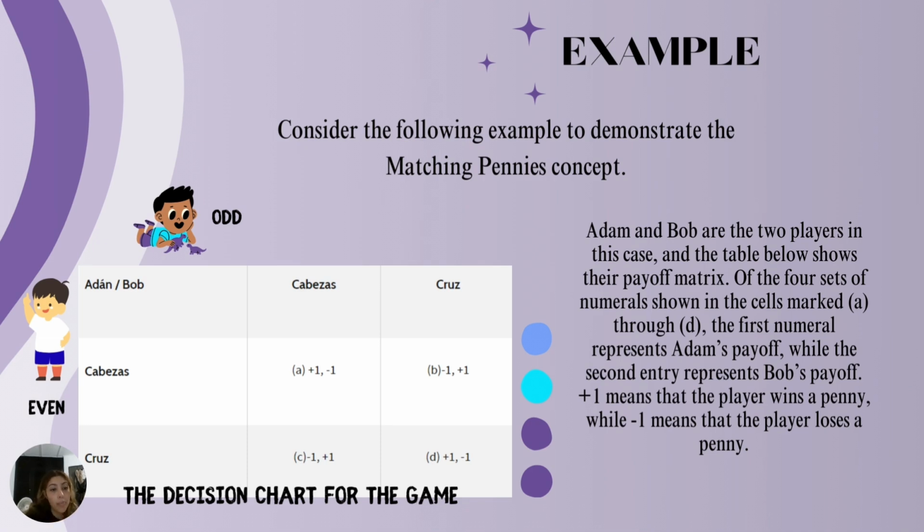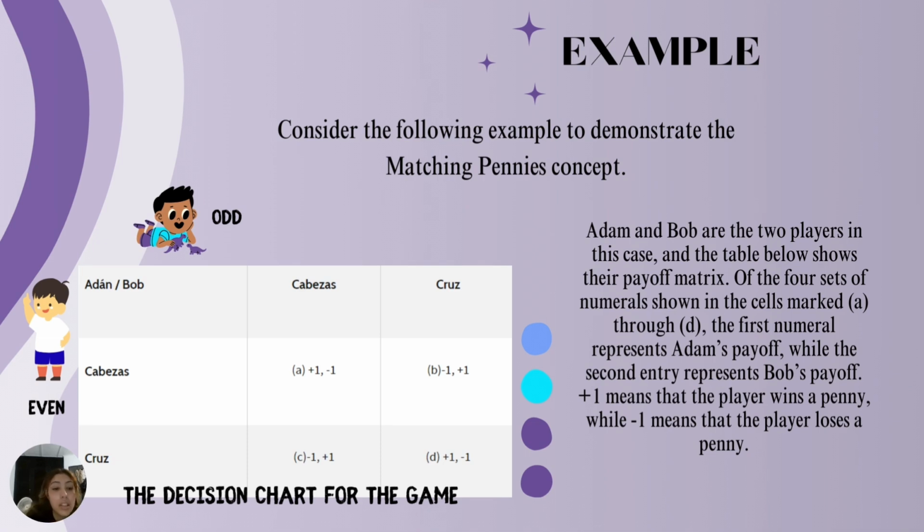But Bob has the odd, so Bob is the loser in this case. In the cell B, we can see that they are adding heads and tails. So Adam loses and Bob wins because in this one he is winning the odd while Adam is even.